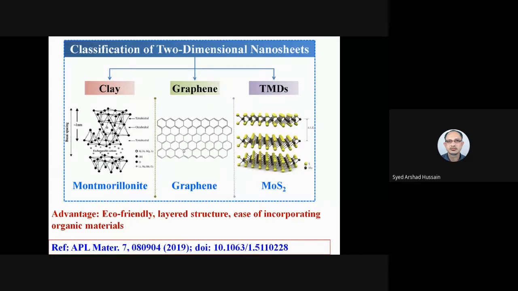So whenever you are proposing any applications, specifically if it is health related or human related, you have to take care of its toxicity. Okay, but the main interest in clay: you can see one layer is of the order of, say, 1 nanometer. But the main interest is that this clay is a natural material and eco-friendly, with a layered structure, and it is very easy to incorporate organic material within the clay system. So these are the advantages of clay with respect to the other two-dimensional nanomaterials.